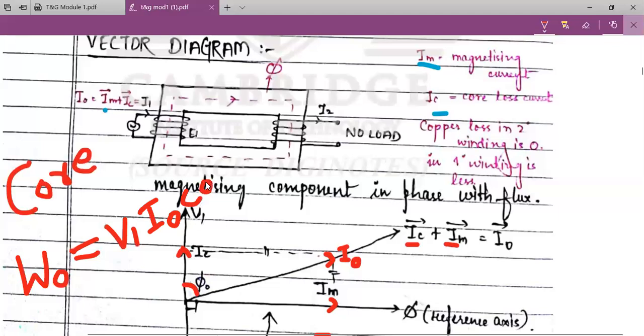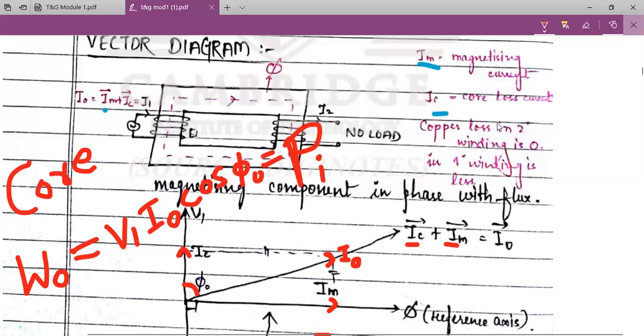The power of a practical transformer on no load is W naught equals V1 I naught cos phi naught. There is no copper loss, so this is nothing but your iron loss. Clear? Any doubt?